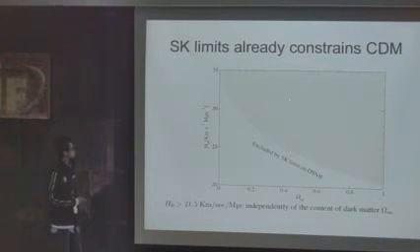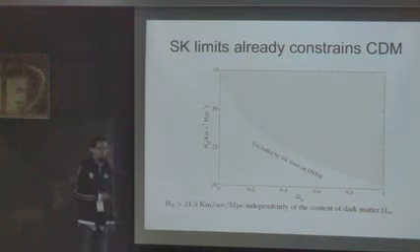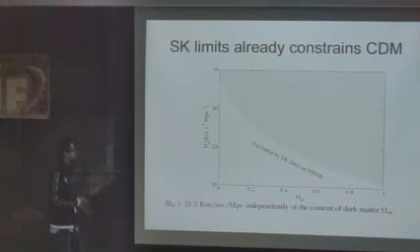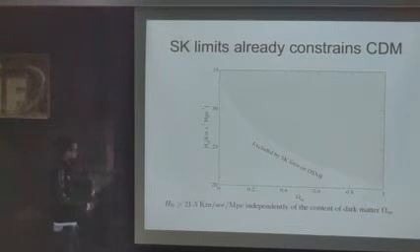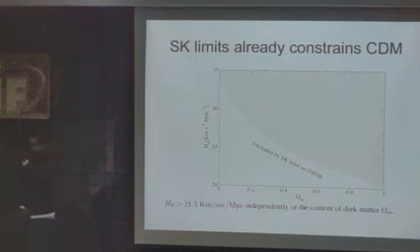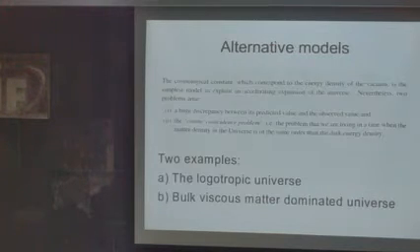So because of the non-observation, we can say that the local universe should be expanding faster than 25 kilometers per second per megaparsec. Of course, this is far beyond the precision that we already have from other things, but we are just playing with this.